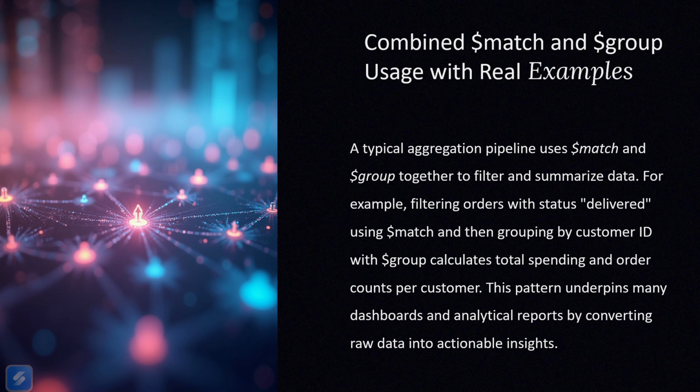And then we want to group by customer ID, then calculate total spending per customer. This is how real-world dashboards and reports are built, such as sales summaries, monthly analytics, or customer insights.